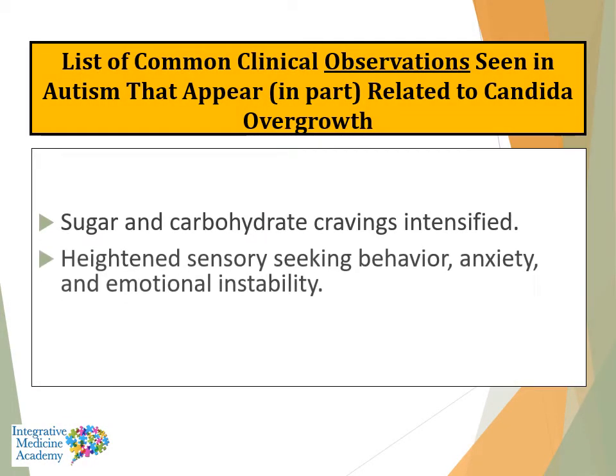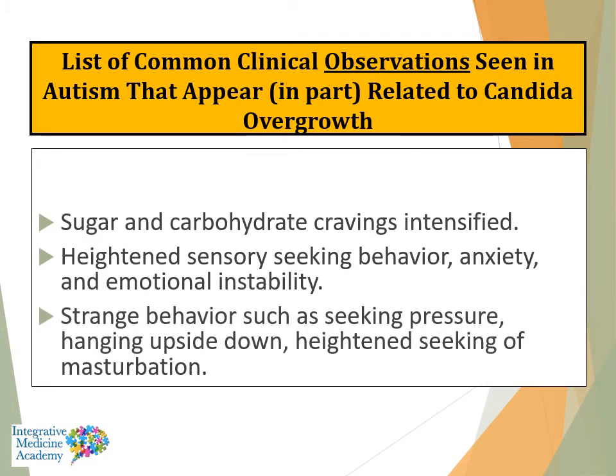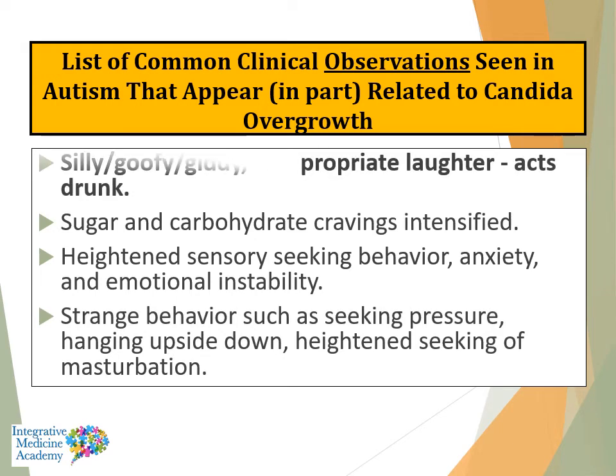And if you look at many of the clinical observations discussed in relationship to Candida overgrowth and autism, this silliness, goofiness, giddiness, inappropriate laughter, acting drunk is very, very typical, and other kinds of odd behavior as well. And we know this because when we treat many of these individuals with antifungal medications or botanicals, these types of behaviors disappear.